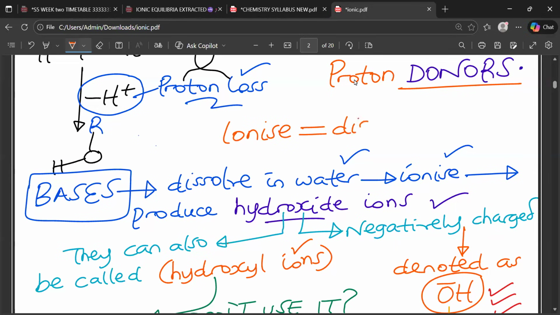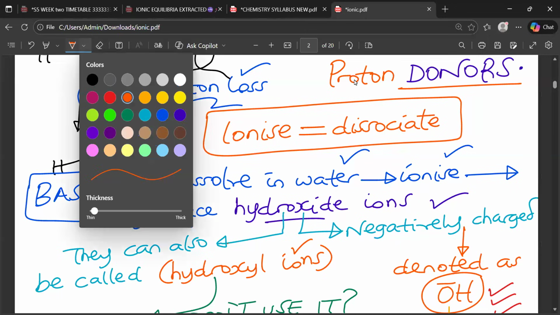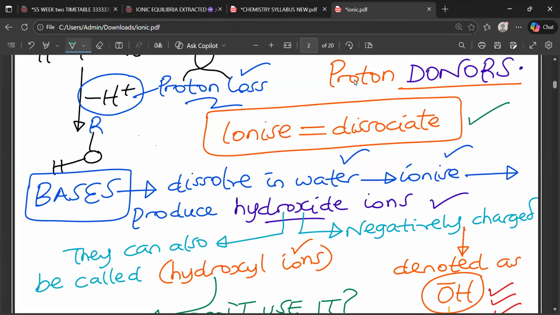Ionize is to dissociate. So, if at all you find the word dissociate instead of ionize, or when we begin using dissociate instead of ionize, you please appreciate it.